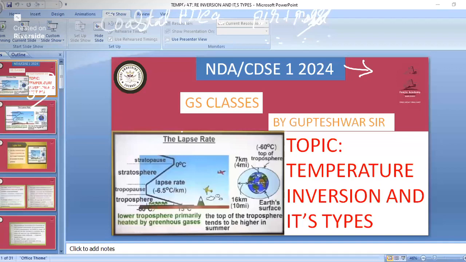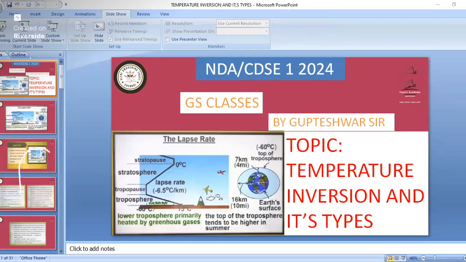Then we have the next part, known as the valley inversion. Yesterday we all studied the mountain breeze and valley breeze. What is happening in this part? During the winter season we have the long night.